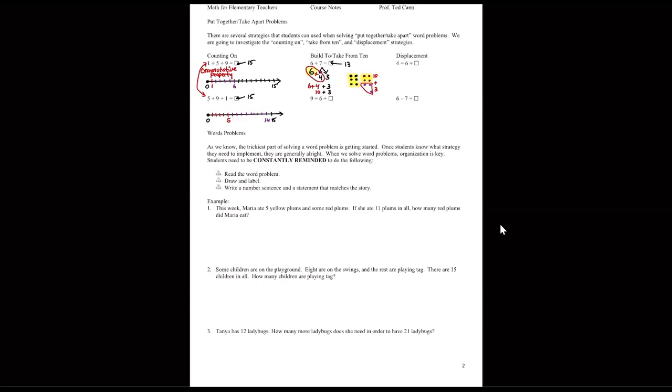I don't think there's too many people that are ever going to intentionally use this technique to arrive at the answer to begin with. It's more like a justification, right? But then we could also go from the perspective of taking from 10, or build to or take from 10.